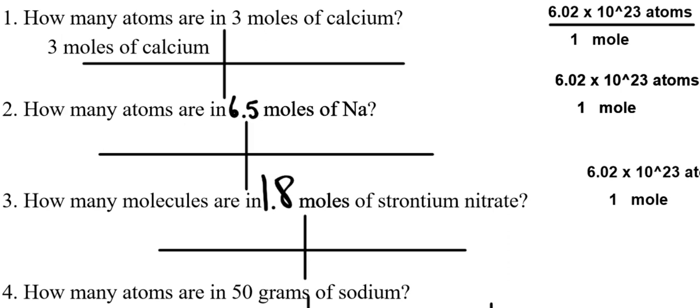So if it gives you moles and asks for atoms, this is extremely, extremely easy. It's just like everything we've always done. We need to get rid of moles, so I would put moles down here. And we want to solve for atoms, so I would have atoms up here. And I would just plug in my proportion.